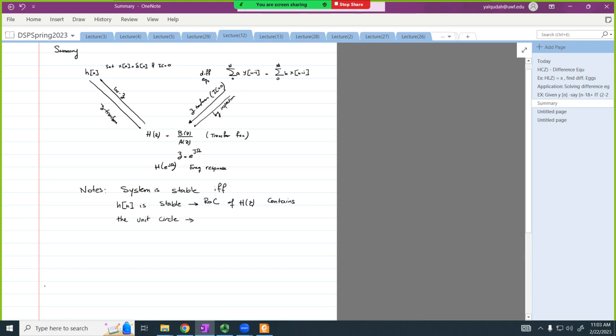And in this case, if it contains the unit circle, then the discrete time Fourier transform will exist. So this is the first observation.